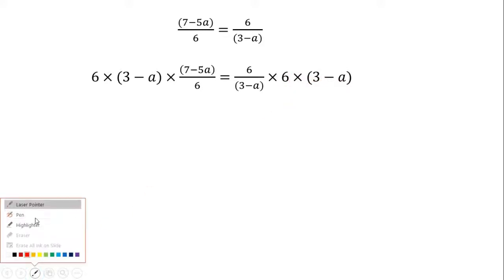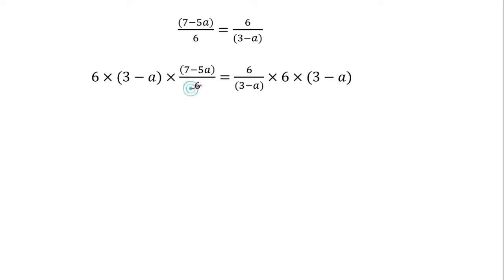So 6 will cancel 6 and 3 minus a will cancel 3 minus a. So this will give us 3 minus a times 7 minus 5a is equal to 6 times 6. So we have 3 minus a into brackets, 7 minus 5a is equal to 6 times 6.